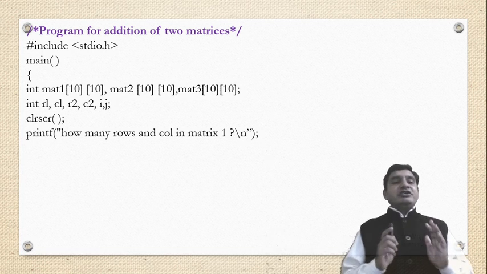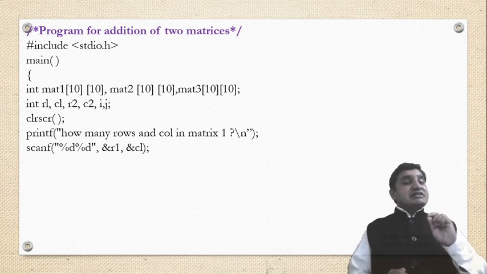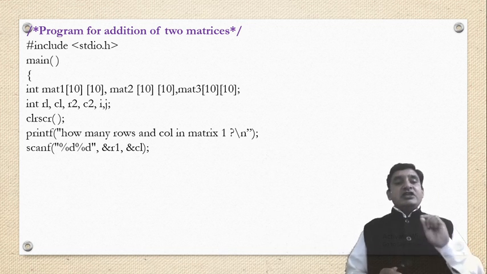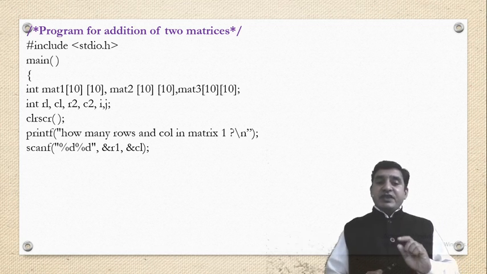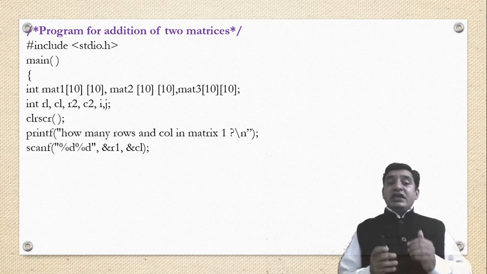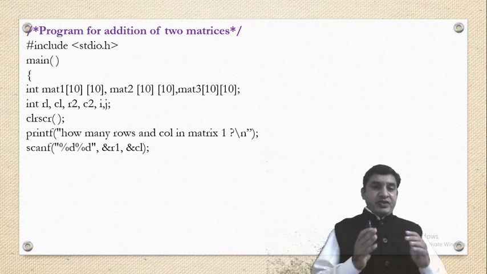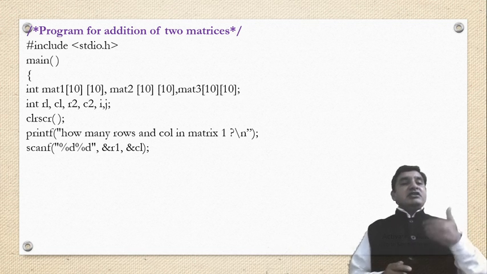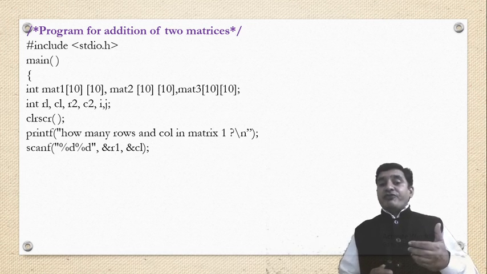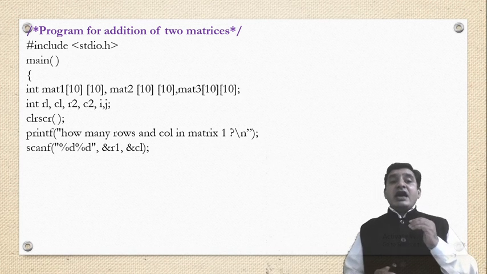For that we use the input function, that is scanf, percentage d, because the number of rows R1 is an integer, and the number of columns C1 is also an integer. So by using this input function, we enter the number of rows and number of columns of the first matrix.